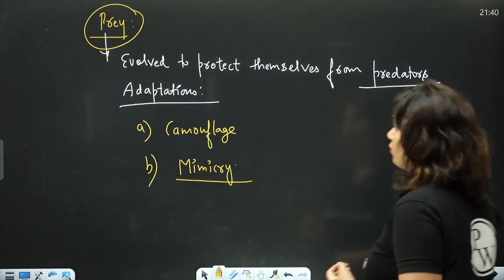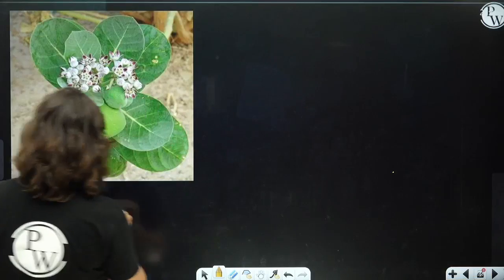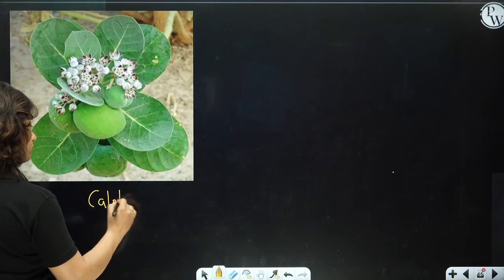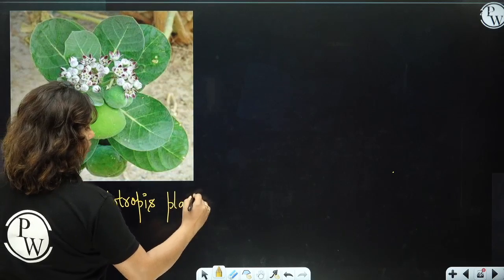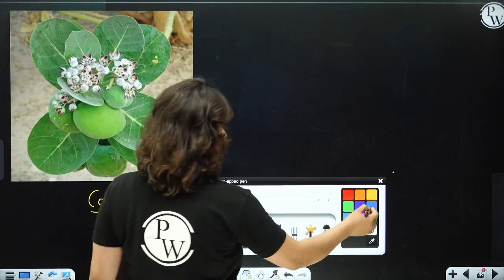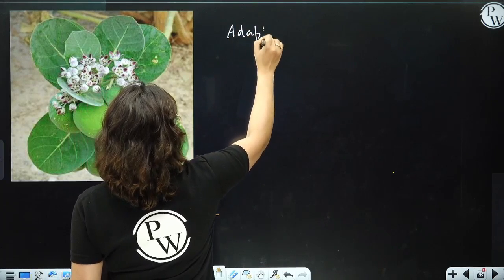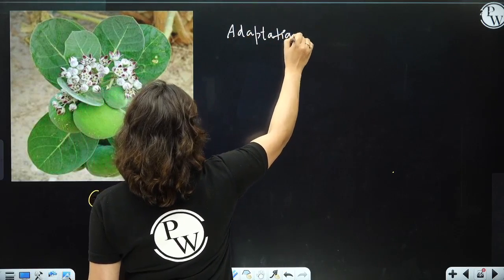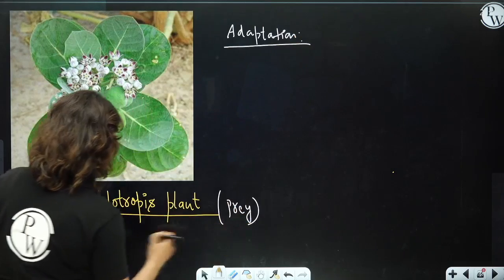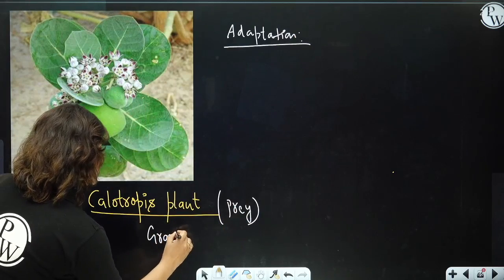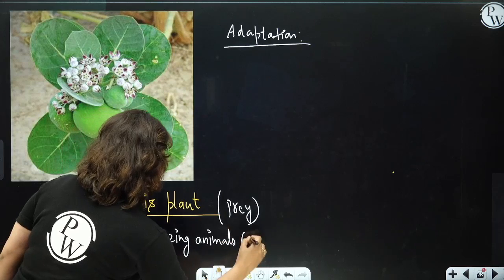And the very important example is of Calotropis. This is a Calotropis plant, and what adaptation it has shown to protect itself from grazing animals. So this Calotropis plant is a prey and the grazing animals are the predators.